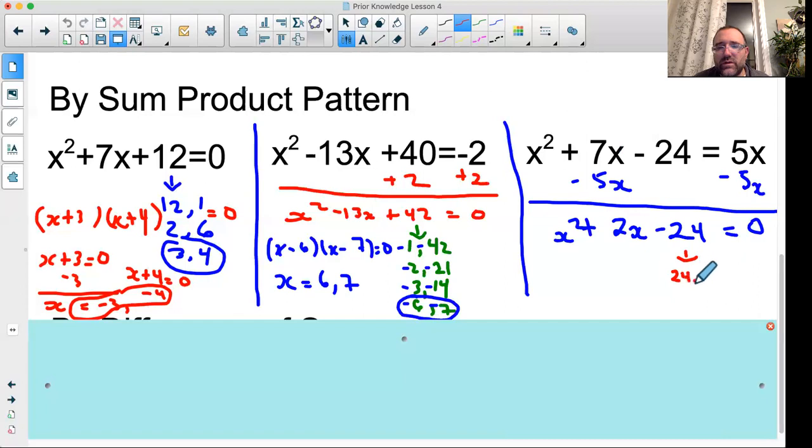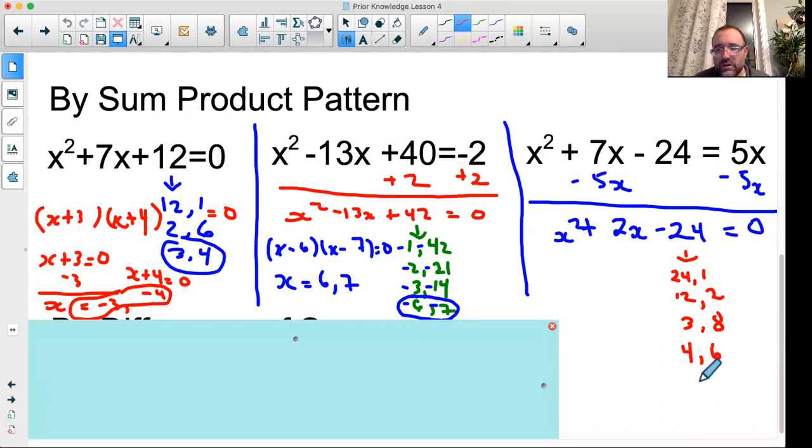24 and 1, 12 and 2, 3 and 8, 4 and 6, and that is all. Okay, so one has to be negative, one has to be positive.